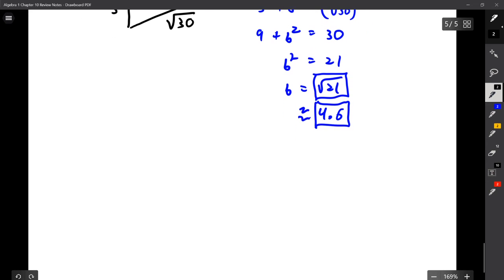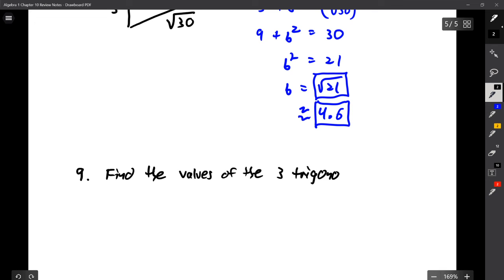Number 9. Number 9 is find the values of the 3 trigonometric ratios for angle A. And here's the triangle that we have.